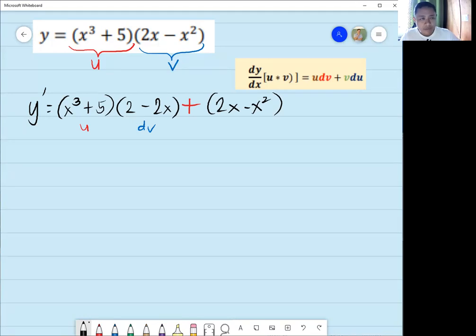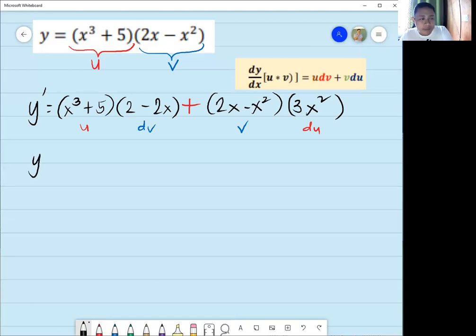The derivative of u will be 3x squared. Constant 5, that becomes 0. That's nonsense. So this is v. Let me just change the color. This is v. And then this is du. Ayan. So we have here u dv plus v du. Then just simplify. That's the next step.